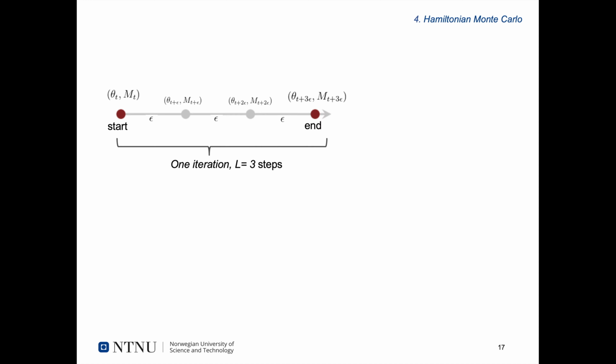For computer implementation, we approximate Hamiltonian equations by discretizing time using some small step size epsilon. One method of approximating the true trajectory is called the leapfrog algorithm. The idea is, starting with the state at time t, we iteratively compute approximately the state at time t plus epsilon, t plus 2 epsilon, t plus 3 epsilon, and so on.